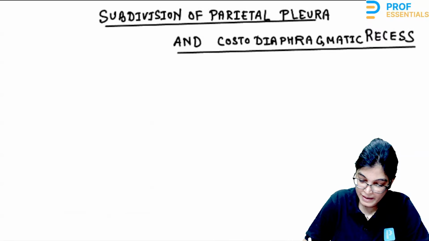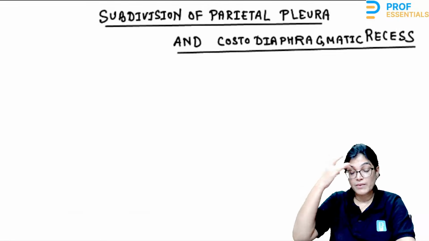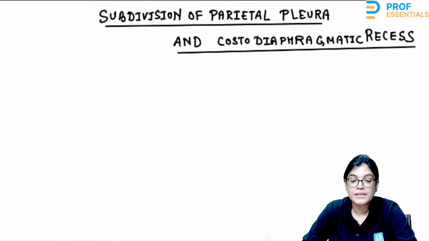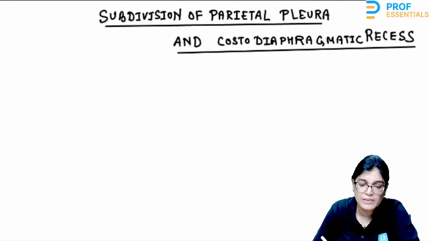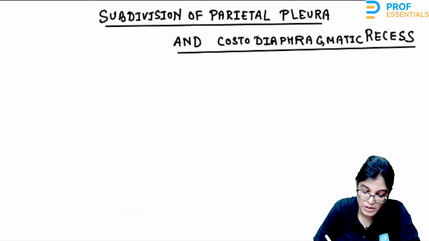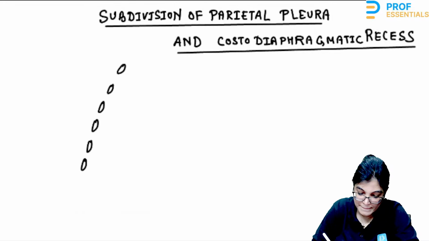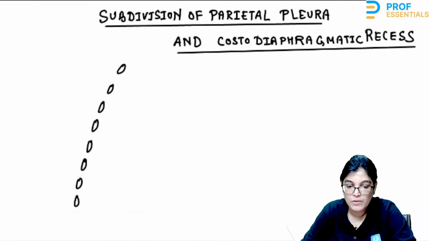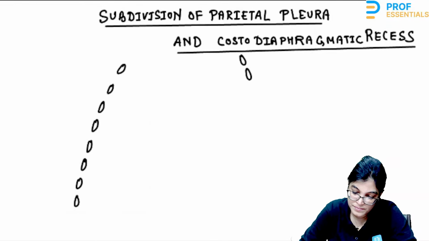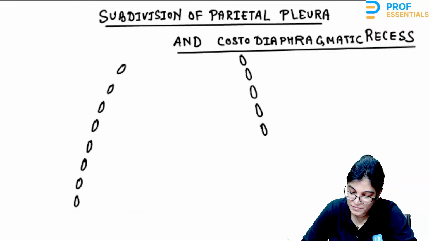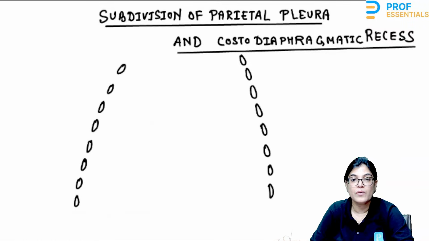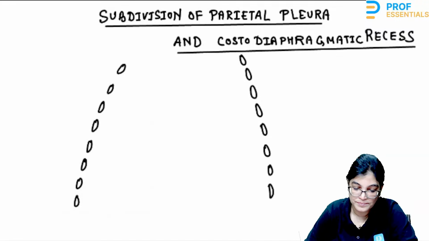So this simple diagram we have to make. For that, I will make a schematic diagram. I would like to draw a few of the ribs on both sides, just an outline, like this.